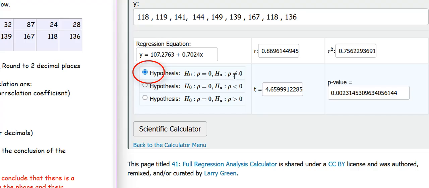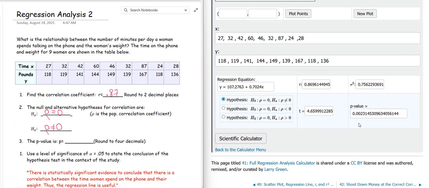We want to make sure that this top line is checked because we're doing a two-tailed test. Either rho is 0 or it's not. And here we get the p-value, which to 4 decimals is 0.0023.